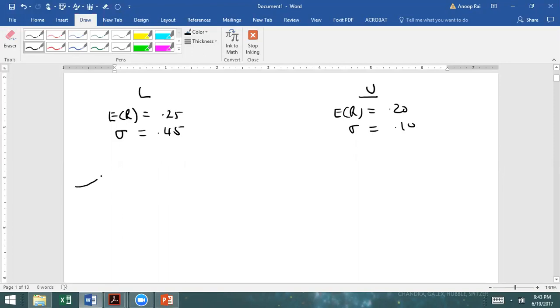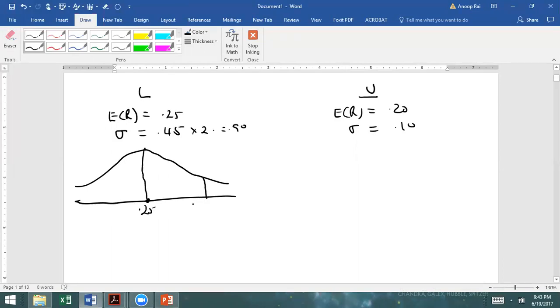So based on what you have, what we are telling grandmother is, on average, we expect a 25% return. Two standard deviations of that is 0.90. So with 95% confidence, we could say that her stock can go up as high as 115%. I'll put percentages here.